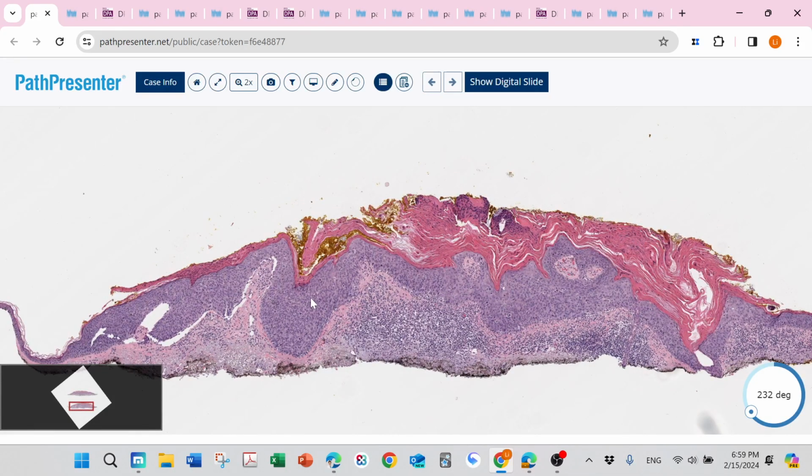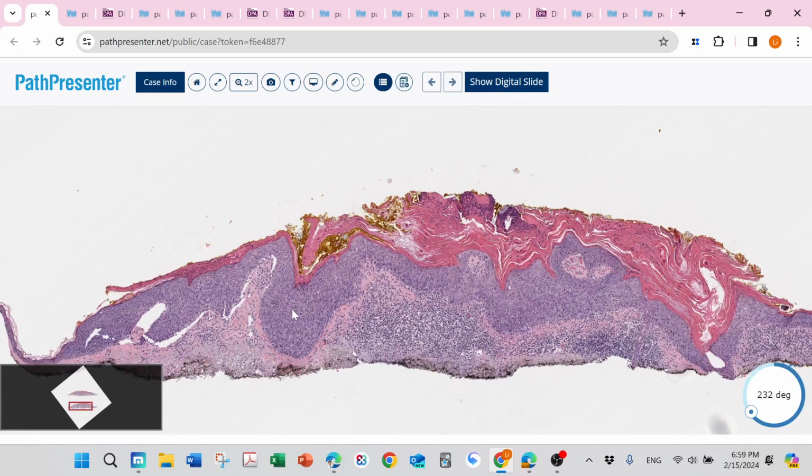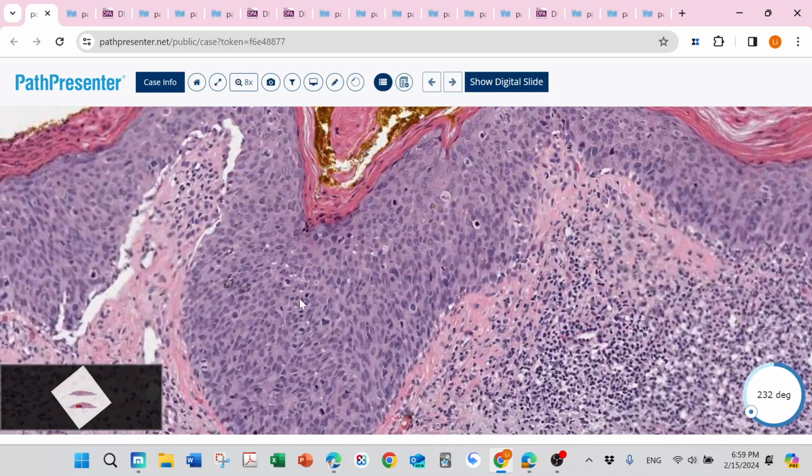The low power also gives the impression of being really hypercellular. In a normal epidermis, you won't get this kind of cellularity. So even at this 2x low power, you are already suspicious of full thickness atypia, like squamous cell carcinoma in situ.